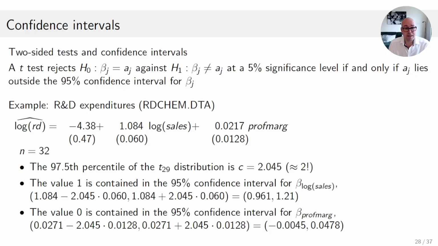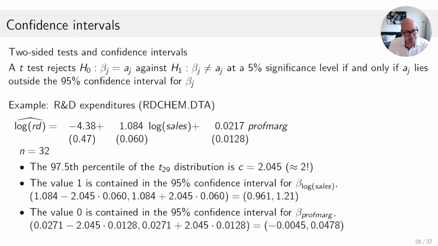Okay, so I get this 95% confidence interval, and then I just need to see whether, for instance if we test against the alternative that beta j is not equal to 0, right? I just need to check whether 0 lies in the 95% confidence interval, or let's go to this other example with the elasticity equal to 1 with crime on campus.